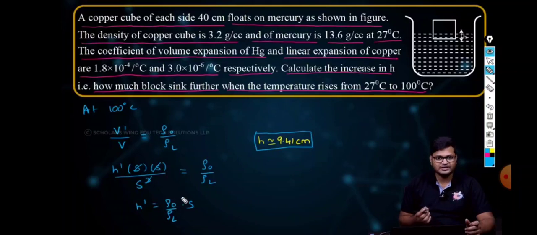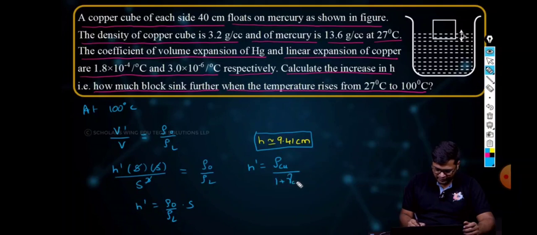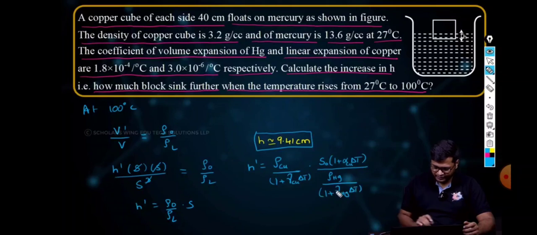So basically the temperature increased, so side length must increase, density of the object must decrease, and density of the liquid must decrease, right? From that I can write H dash as density of the object, which will be the initial density, that is density of copper, by 1 plus gamma of copper into delta T, into side length, which will be the initial side length times 1 plus alpha of copper delta T, alpha being the coefficient of linear expansion, by density of liquid, that is density of mercury, by 1 plus gamma of mercury into delta T, correct?